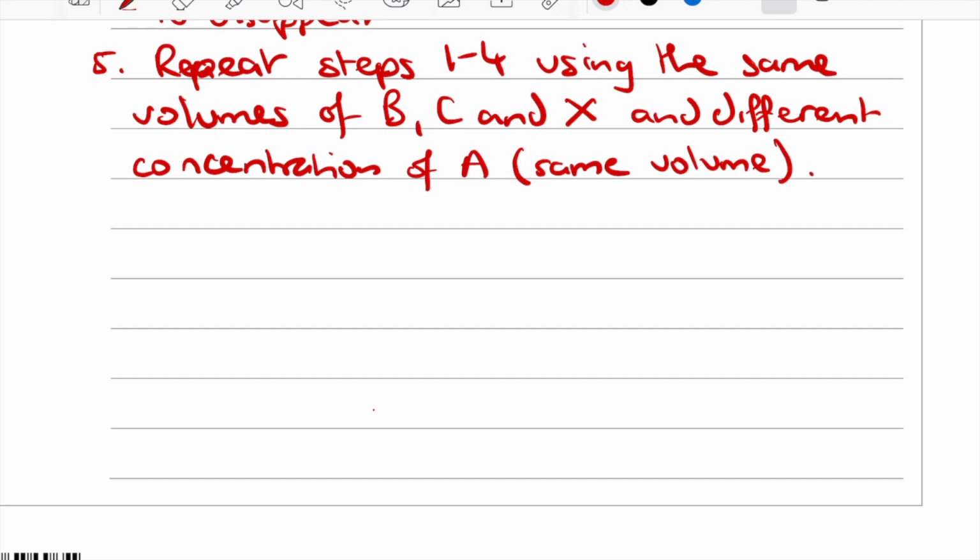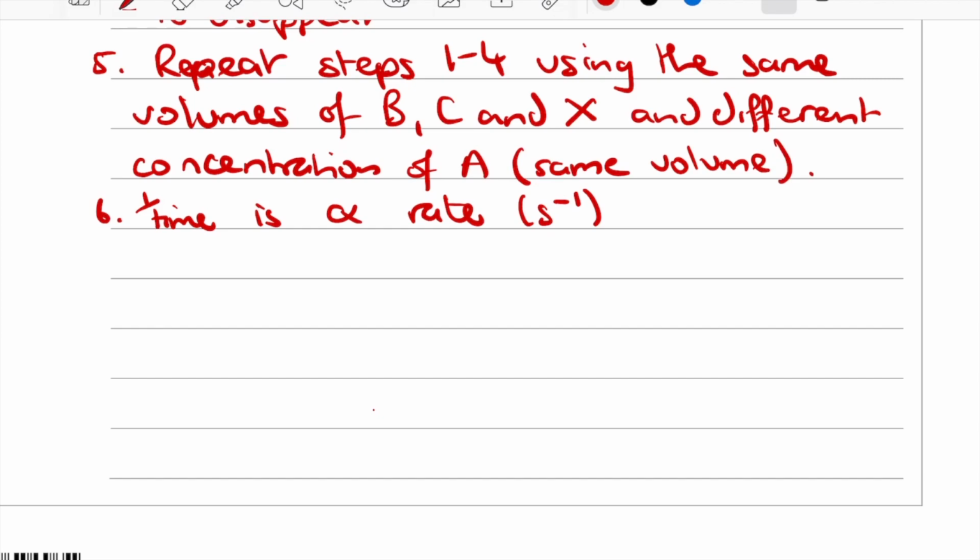So for this one, I'm going to still stick with numbers. 1 over time is proportional to rate. So it's seconds to the minus 1. Rate is always proportional to 1 over time, or proportional to seconds to the minus 1.